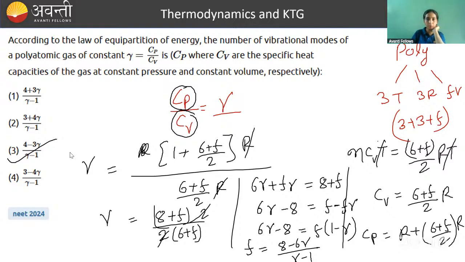Okay, anyway, मैंने थोड़ा conceptual भी mistake किया यहाँ पे. Let me clear it for you.